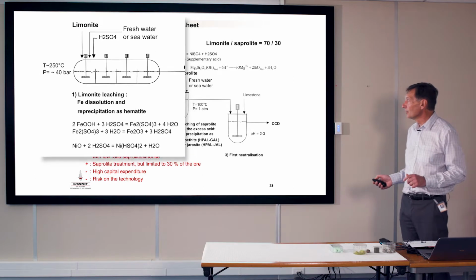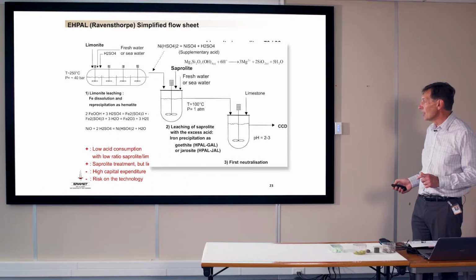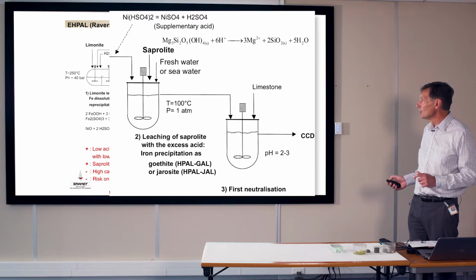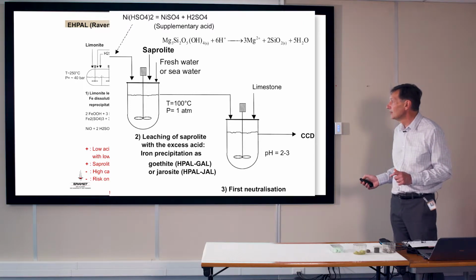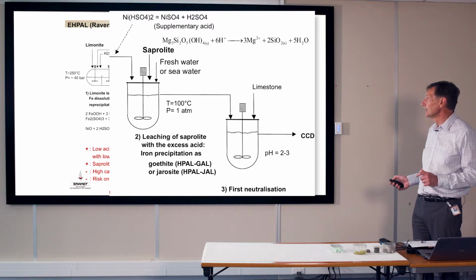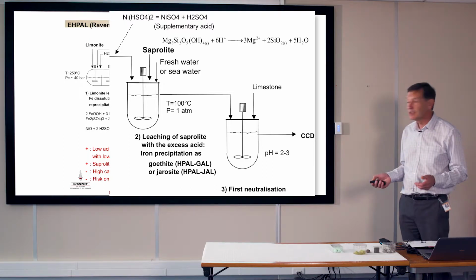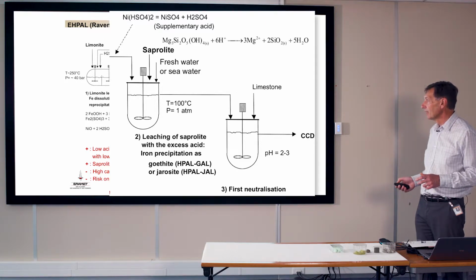And on the slurry coming out from this high pressure acid leaching part, you have a second reaction where you put saprolite and you use excess acid coming from the nickel bisulfate to leach the saprolite and to dissolve the magnesium silicate in order to liberate the nickel content in this silicate. Two parts, high pressure and atmospheric pressure acid leaching.